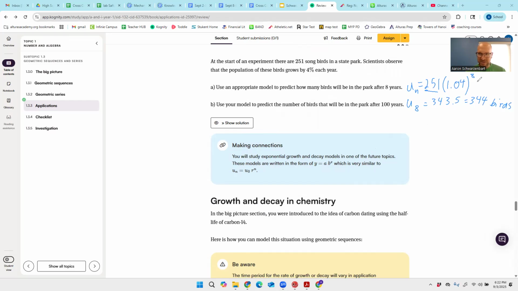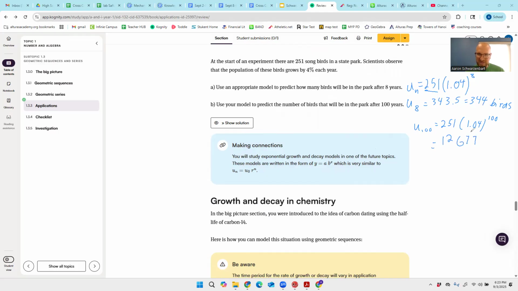After 100 years, I just changed the exponent to 100. And I end up with 12,676.7.